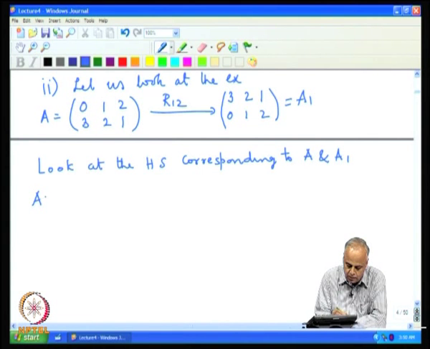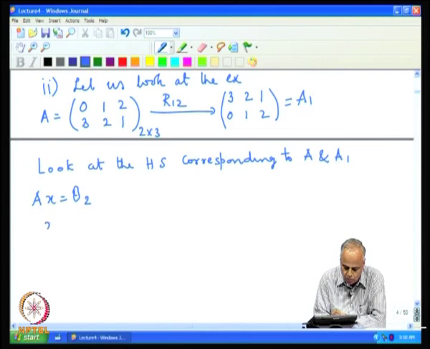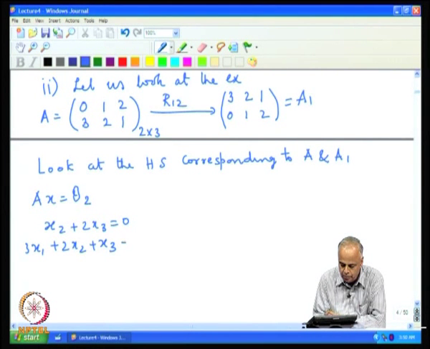So, Ax equal to theta 2, as M is 2, this is a 2 by 3 matrix, corresponds to x2 plus 2x3 equal to 0, 3x1 plus 2x2 plus x3 equal to 0.